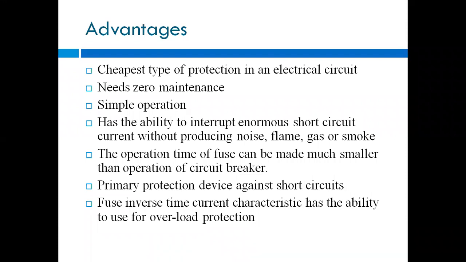But this fuse is the cheapest protective device, meaning all others are costly, because a fuse is a single wire, which has very less cost as compared to other devices and can be easily replaced by anyone. So it is the cheapest type of protection.